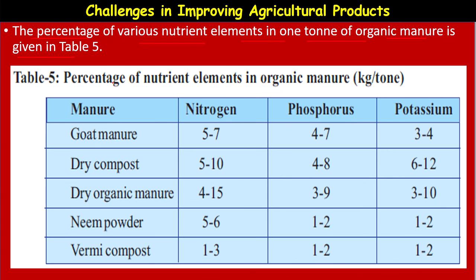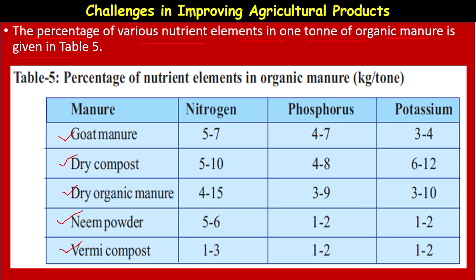You can see the manures: goat manure, dry compost, dry organic manure, neem powder, vermicompost. Nitrogen, in kg per ton: goat manure 5 to 7, dry compost 5 to 10, dry organic manure 4 to 15, neem powder 5 to 6, and vermicompost 1 to 3.